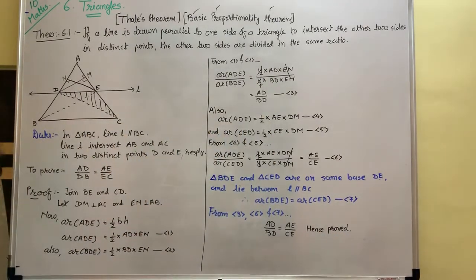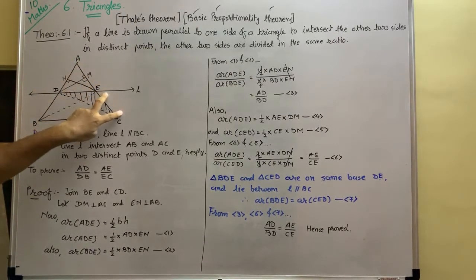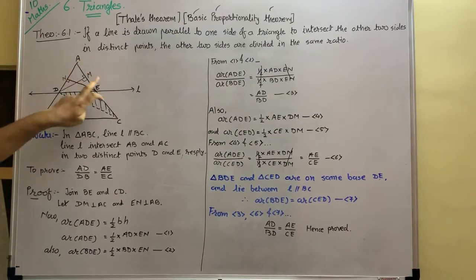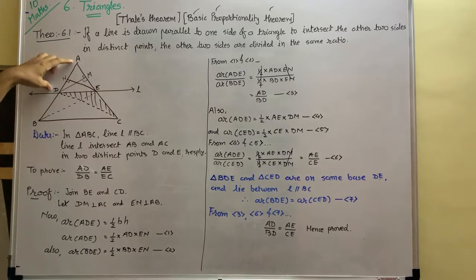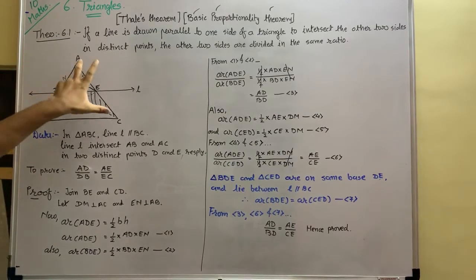Okay? From this also you can derive another result also. Here we prove what? AD upon BD equal to AE upon EC. Now you can say AD upon total AD, that is also equal to AE upon total AC. Means if you select here AD, you must have to select its corresponding side AE here. If you take AB here, you have to take AC here.